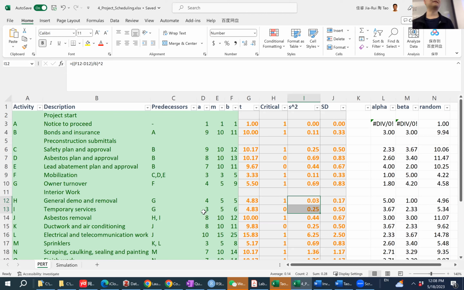Any questions regarding how we can calculate probabilities like this? All right, then, okay, question here. Yeah, so I just illustrated this step. Any questions here?